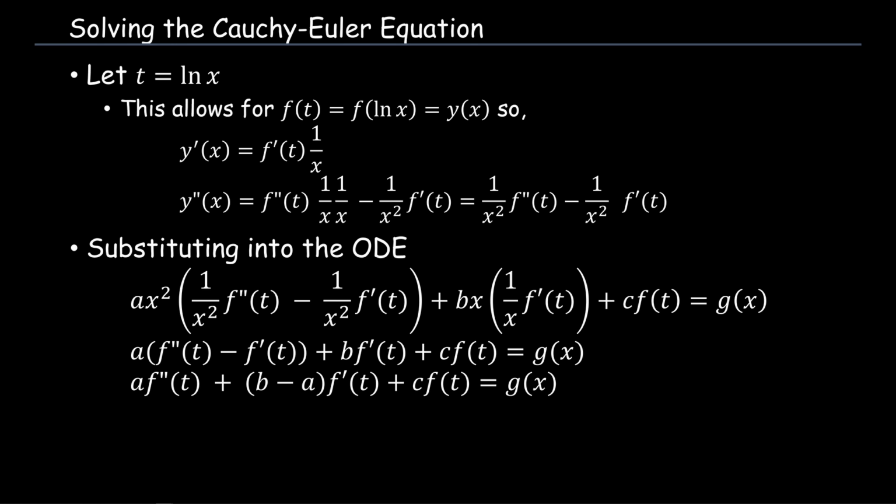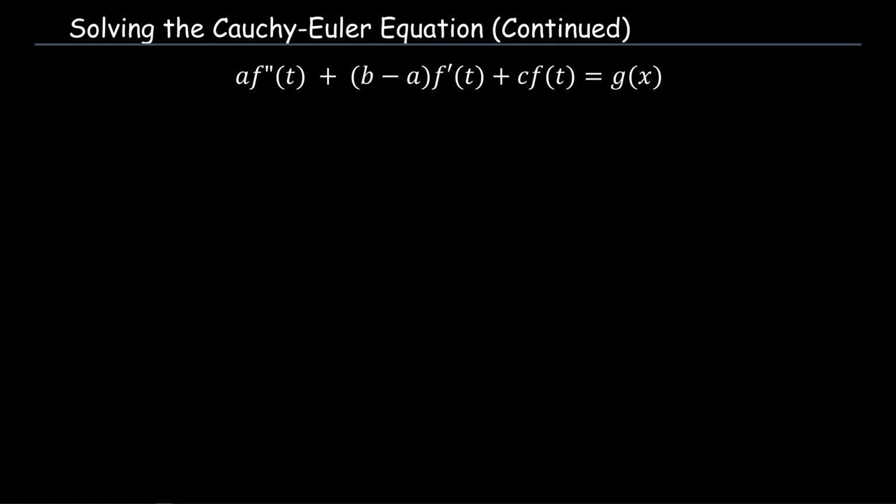When we substitute that in and do a little bit of simplification, we get the new ODE being a times f double prime of t plus b minus a, that quantity multiplied by f prime of t, plus c times f of t, and that's equal to g of x. Now obviously we can convert g of x to be some function with respect to t, but more on that later. This new equation that we have is what is known as an ODE with constant coefficients.